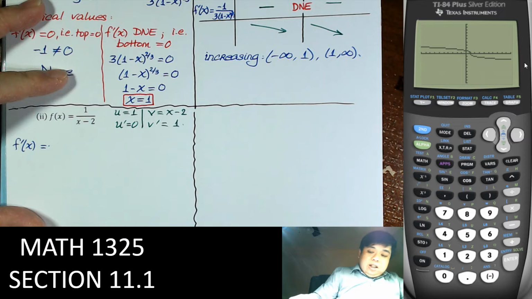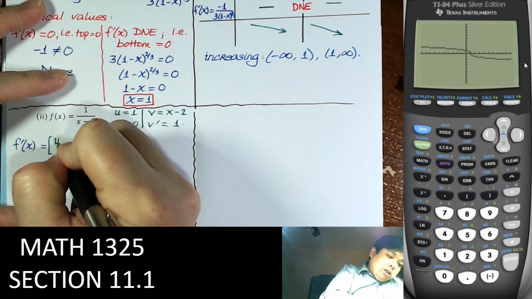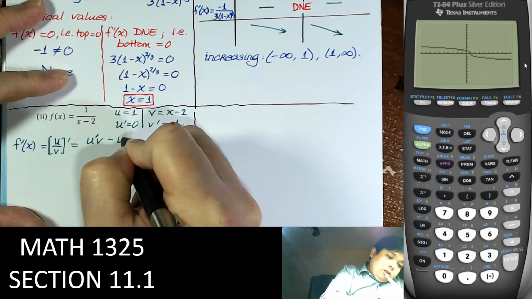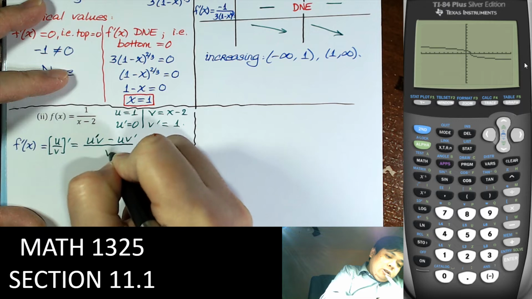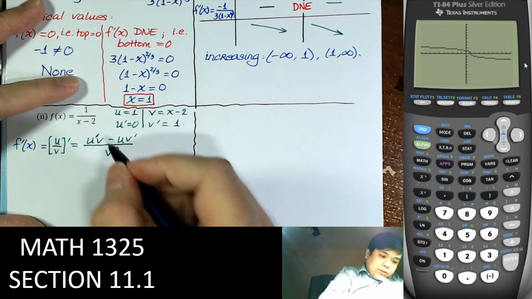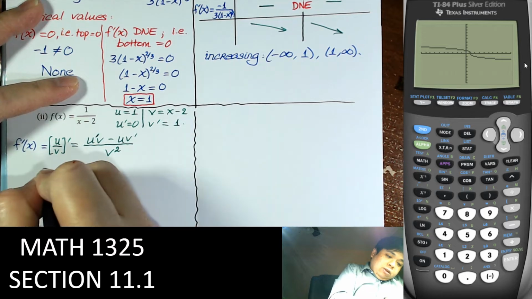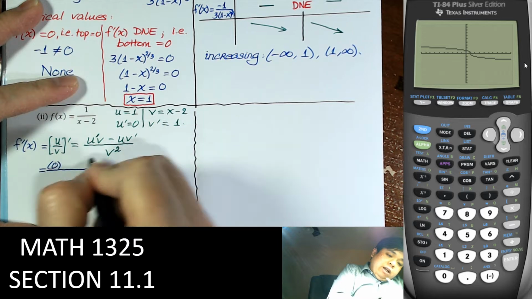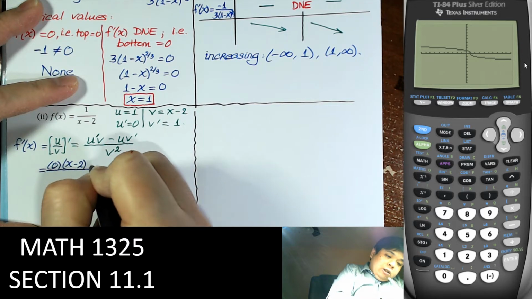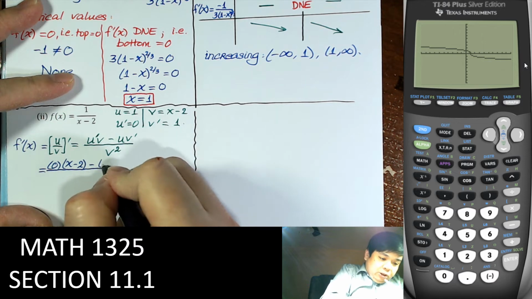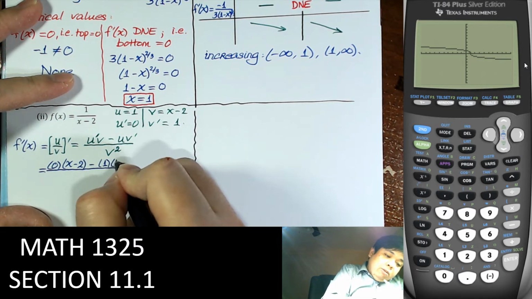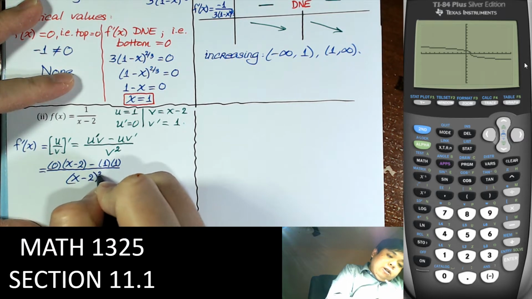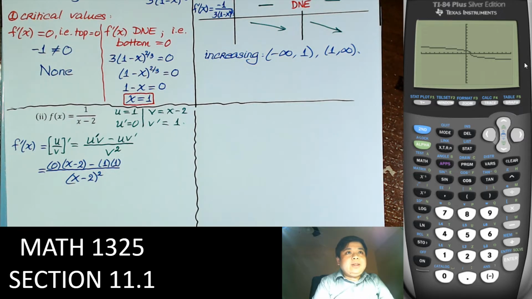So here we just take the derivative of a quotient using the quotient rule: u prime v minus u v prime, over v squared.